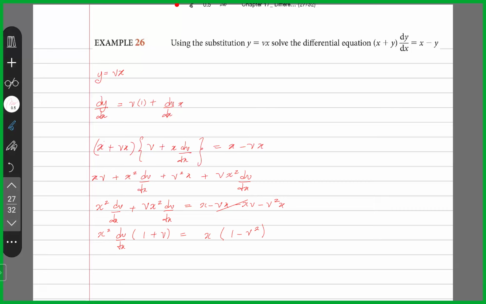First of all, I made an error. Let's correct it. All right, so this should have been x minus vx minus vx again, because xv is vx. Then what else is over there?